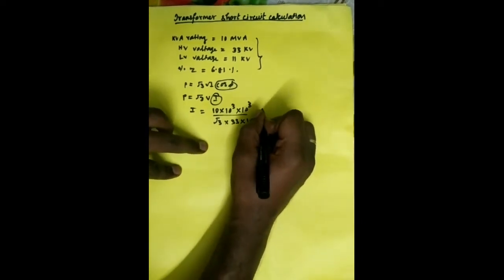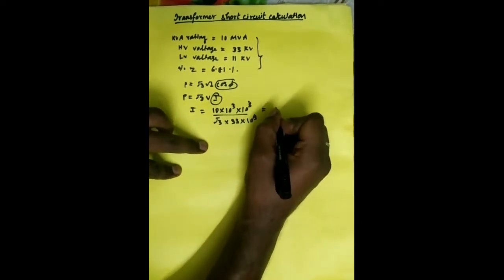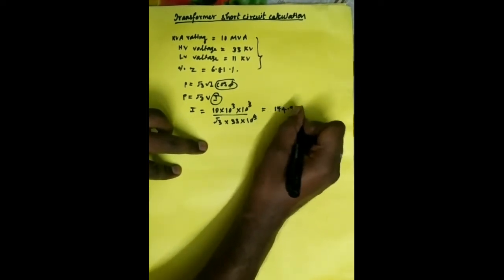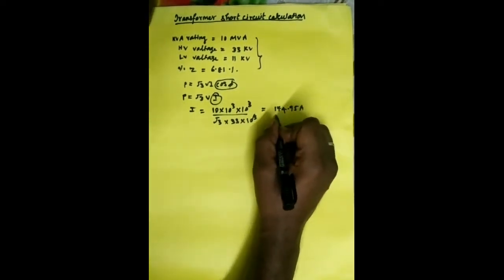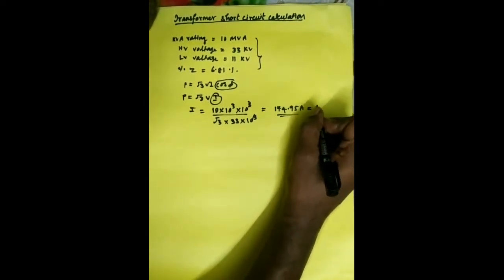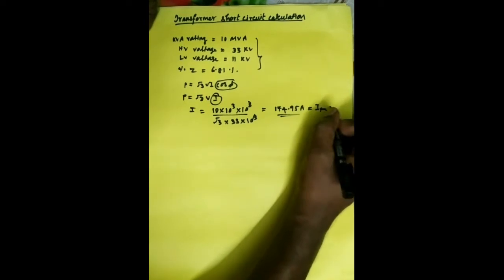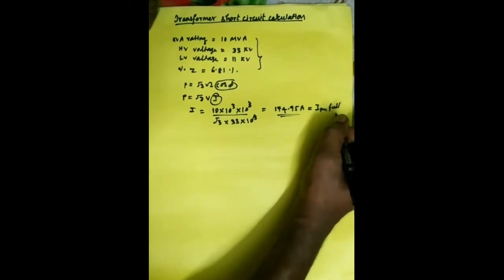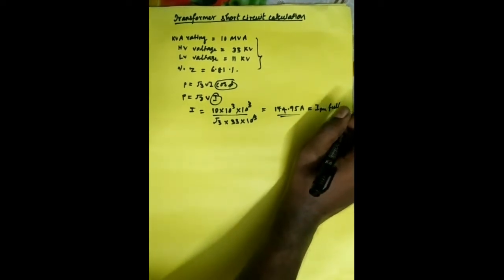So the value we are getting will be 174.95 amps. So this is the I primary full load current.